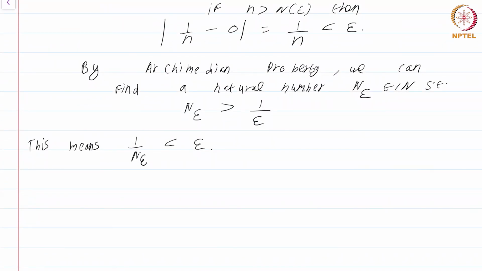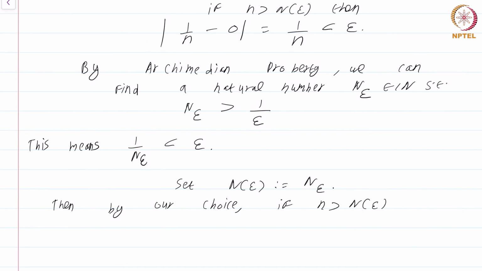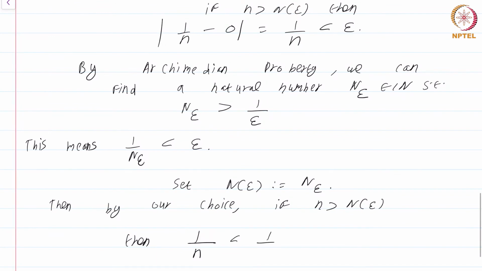Now just set N of epsilon to be this N epsilon. Okay. Then by our choice, if small n is greater than N epsilon, then 1 by n is definitely going to be less than 1 by N of epsilon, because n is greater than N of epsilon, which is less than epsilon.